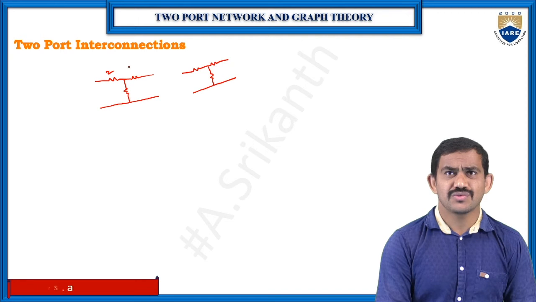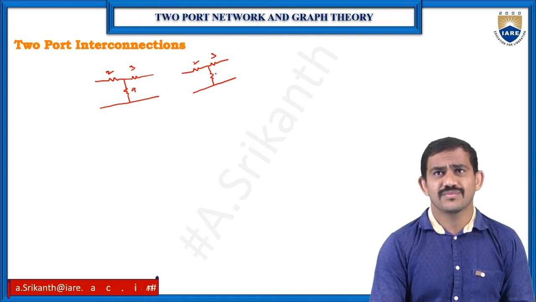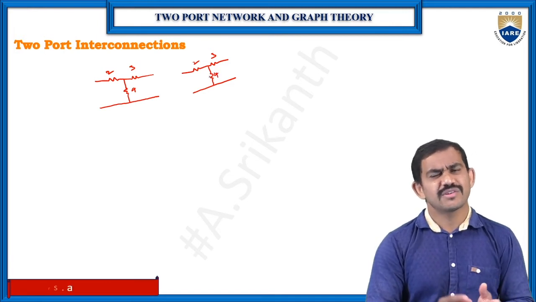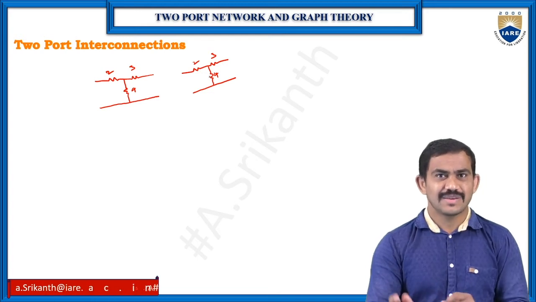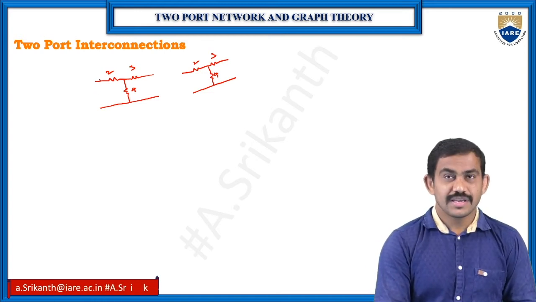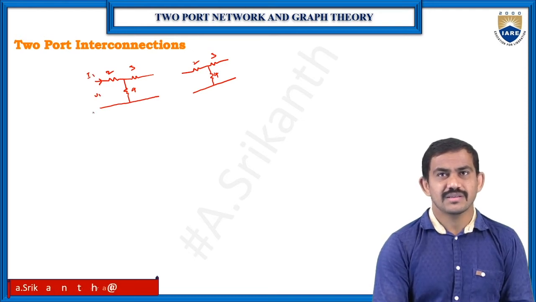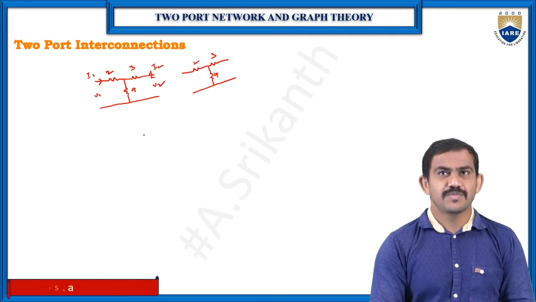Consider any values 2, 3 and 4, and here also 2, 3 and 4. Same network: if you know one network's values, you can find the other. For simplicity I am writing the same values. So here we have I1 and V1, I2 and V2; it's one network.